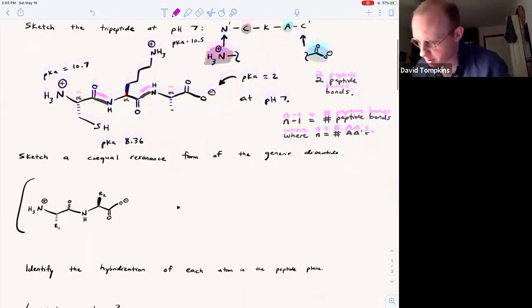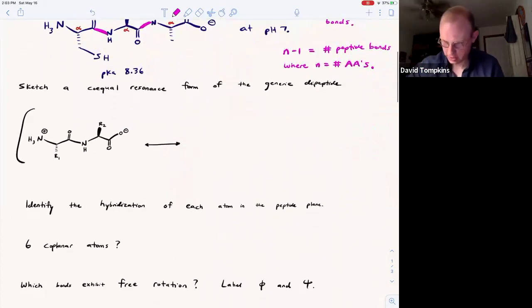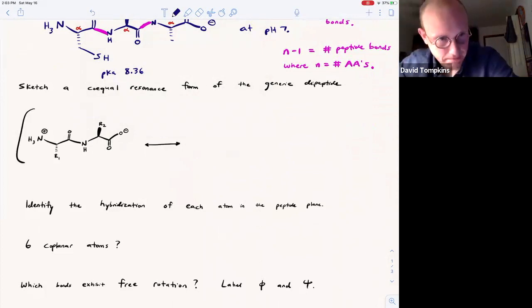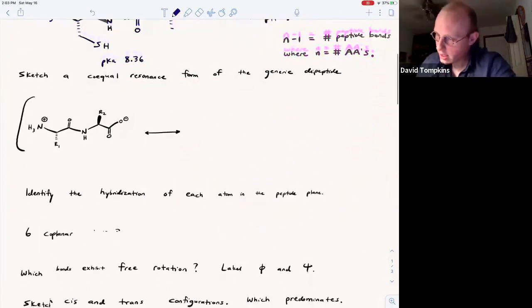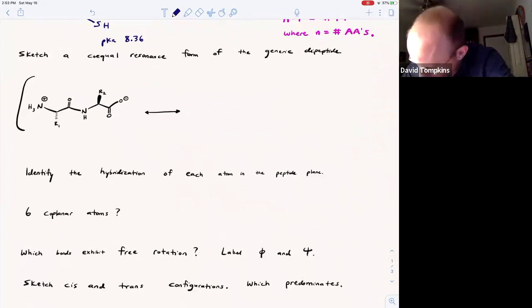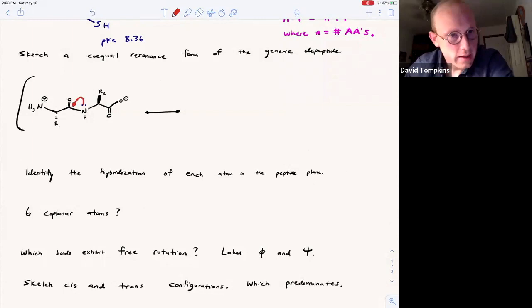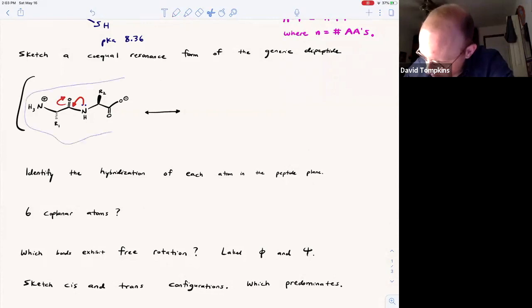Okay, so let's focus in on that peptide bond now and discuss how it has many consequences for protein structure and stability. And all of this stems from the importance of a resonance structure, where we take that nitrogen lone pair and donate it into the carbonyl of the amide and delocalize electron density onto the oxygen.